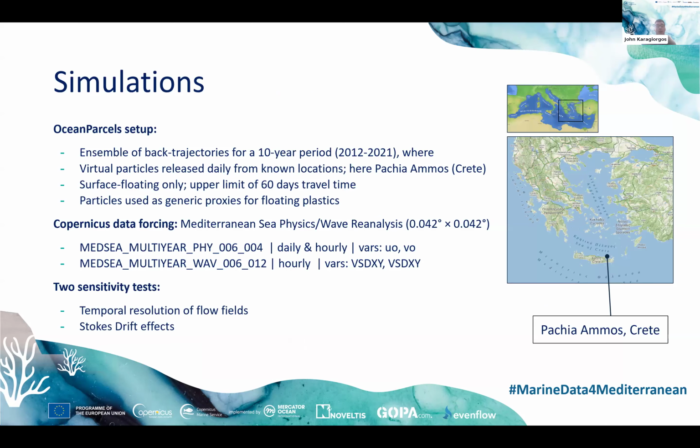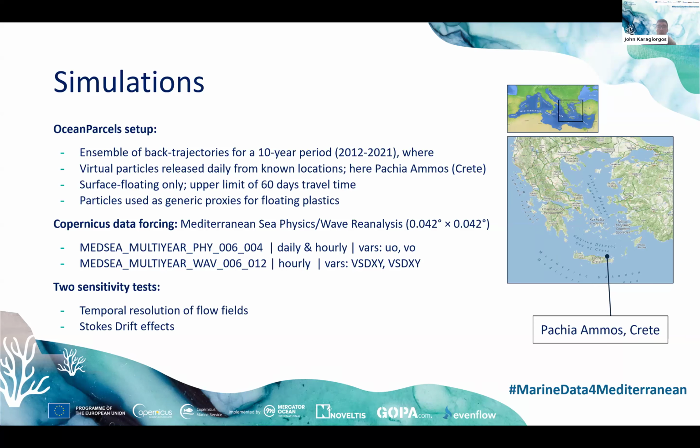Next, regarding our experimental protocol, we produce an ensemble of back trajectories for a previous 10-year period where we released the passive virtual particles from known locations and at a daily frequency. In this presentation, I will present results for a popular coastal location in Crete Island called Pachia Ammos as a demonstration case within the Aegean Sea.